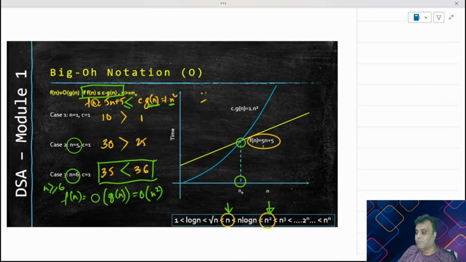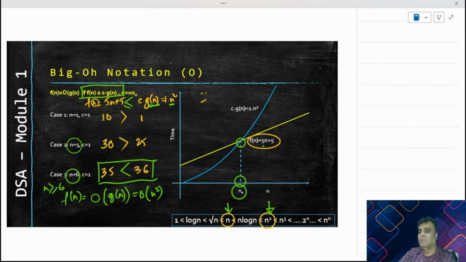We are saying that for a particular value of n, there exists a function called Gn, and this Gn can be, if it starts with n, anything above n in the complexity classes, where we can assure that for a particular value of n, these lines will always stay above the function line, which is Fn line. So that is your upper bound, and this upper bound is represented by big O.